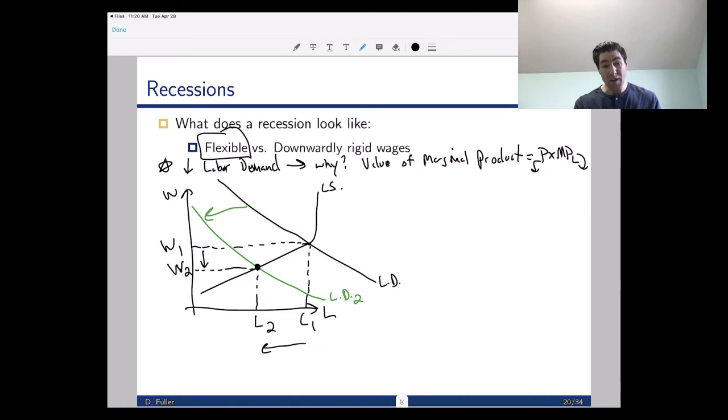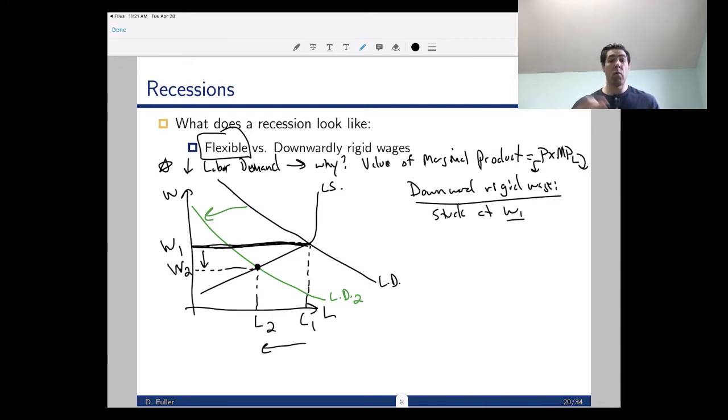Now, downwardly rigid wages imply that the wage rate can't actually decrease. So we're going to stay at W1. We're stuck at W1, at least in terms of a decrease. The wage can't go down.